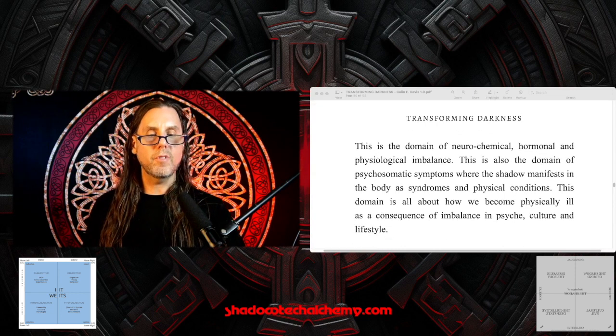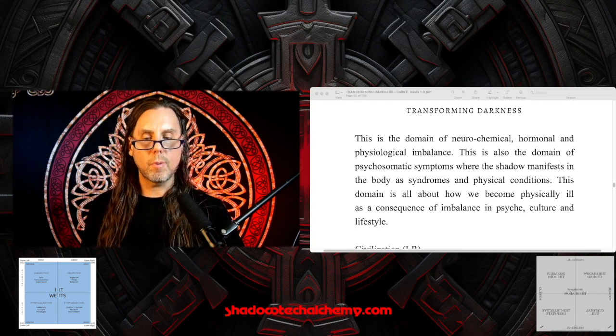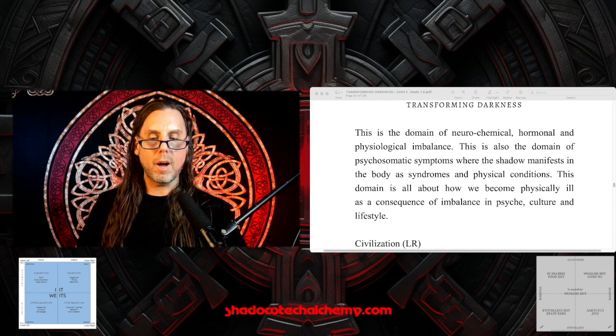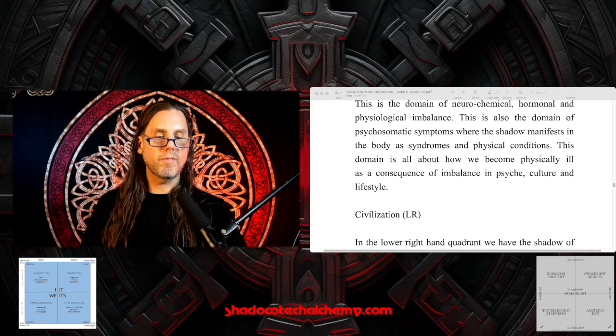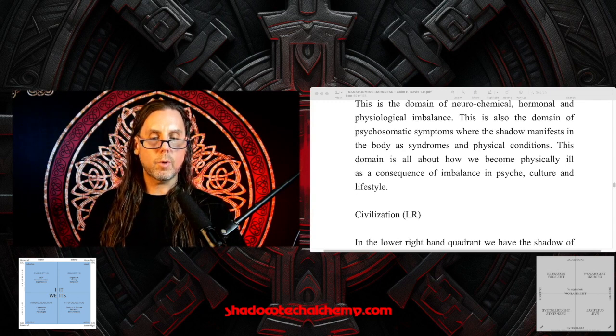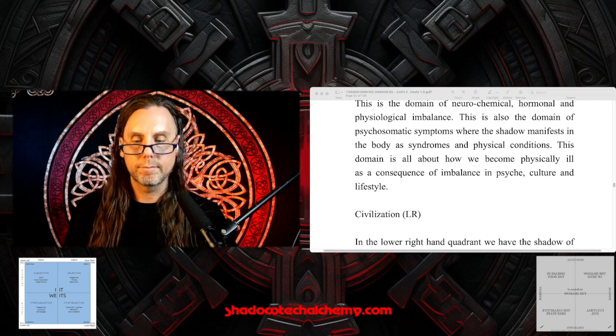This is the domain of neurochemical, hormonal, and physiological imbalance. This is also the domain of psychosomatic symptoms, where the shadow manifests in the body as syndromes and physical conditions. This domain is all about how we become physically ill as a consequence of imbalance in the psyche, culture, and lifestyle.